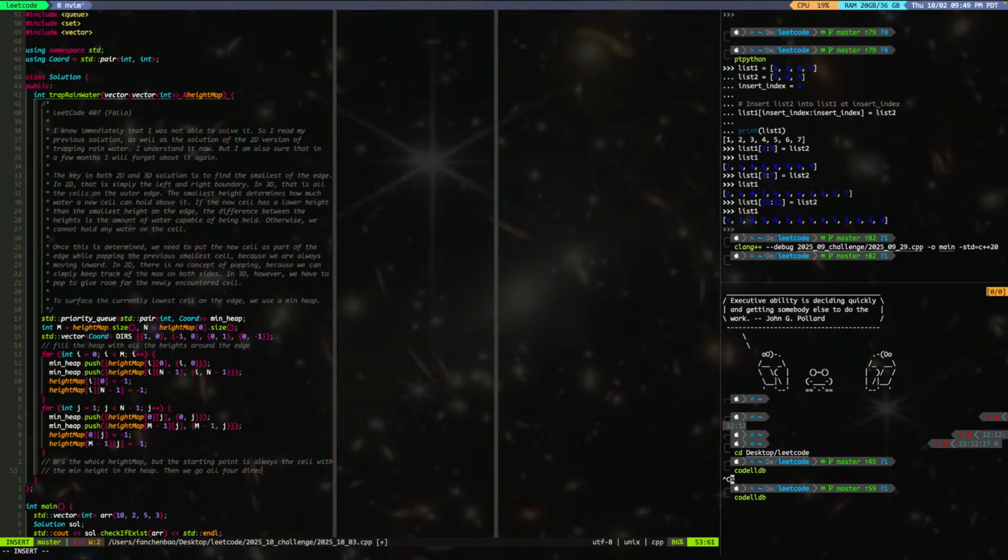All 4 directions, and visit the next valid cell that has not been visited before, and based on its height against the lowest height on the edge, we decide whether water can be trapped above it.